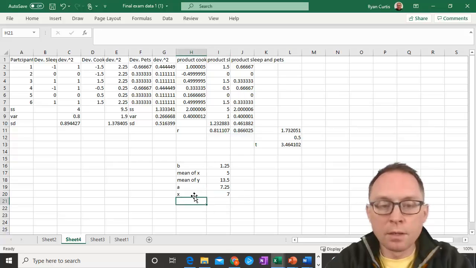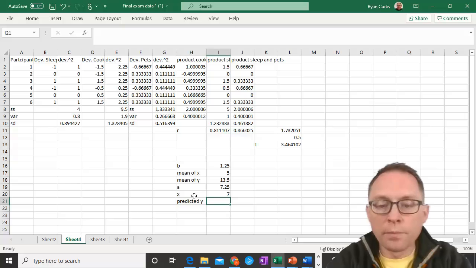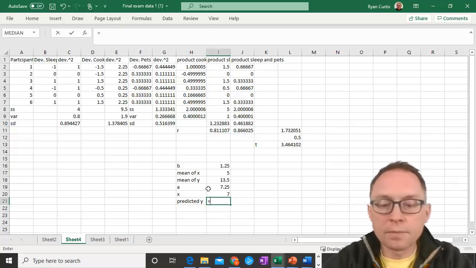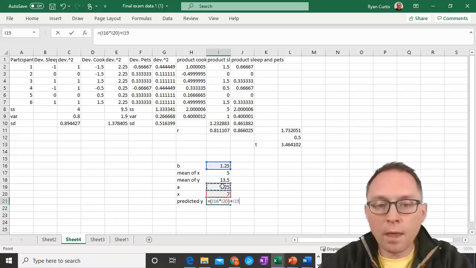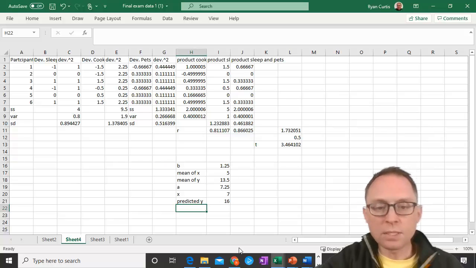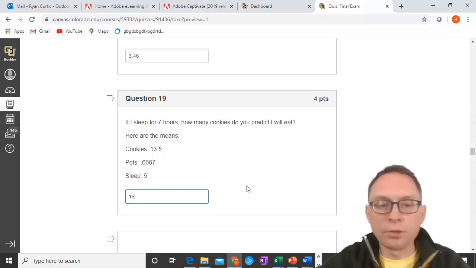That means I'm looking for predicted Y equals B times X plus A. 16. So if I sleep for 7 hours, I'd predict that you would eat 16 cookies.